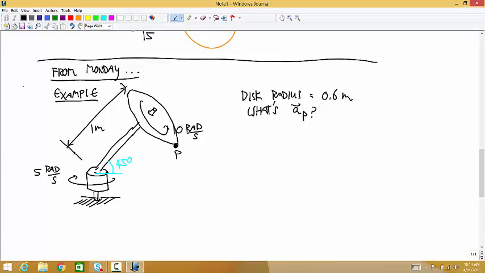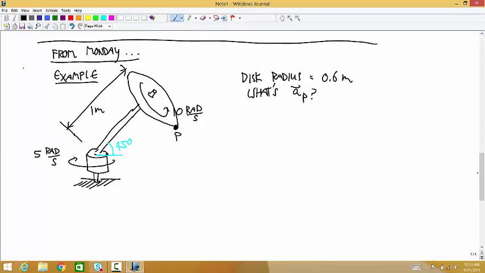And what we had established so far was, we had decided on a coordinate system. So our coordinate system was going to be here. X, Y, Z. And so is that coordinate system rotating? Well, it's fixed on that.